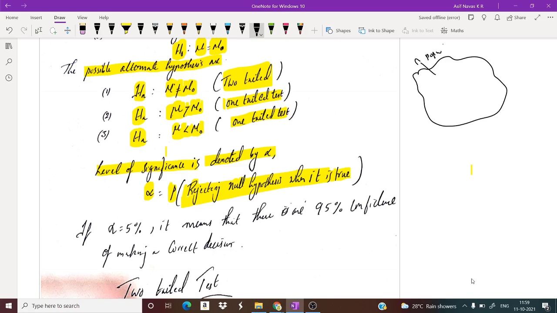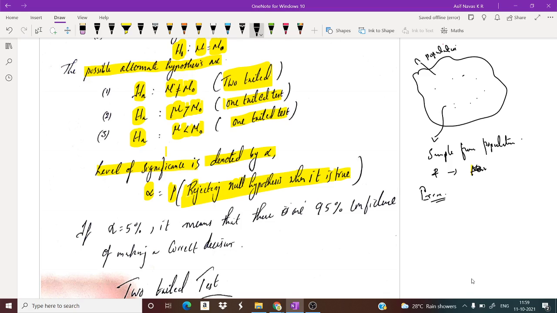We take a few samples from this population, and using these samples we are predicting, or testing, the mean of the population. Since we are taking samples, there is a possibility of errors, right?